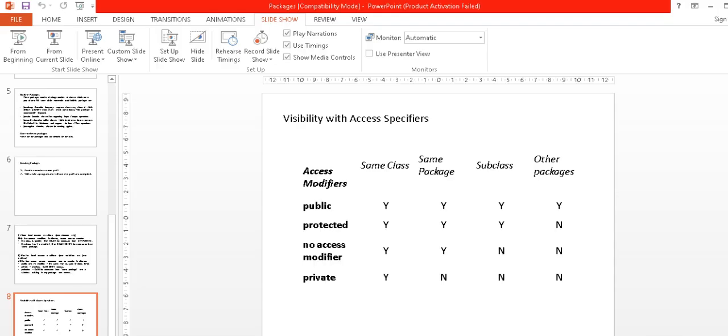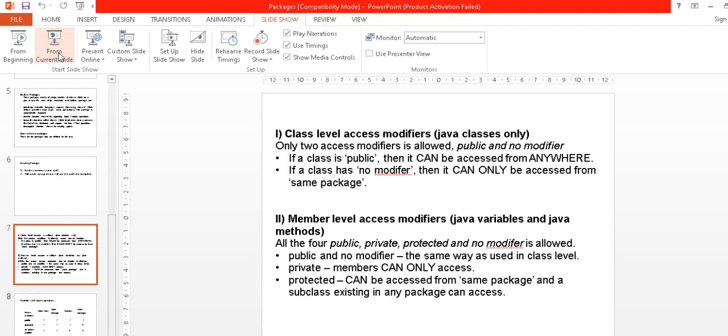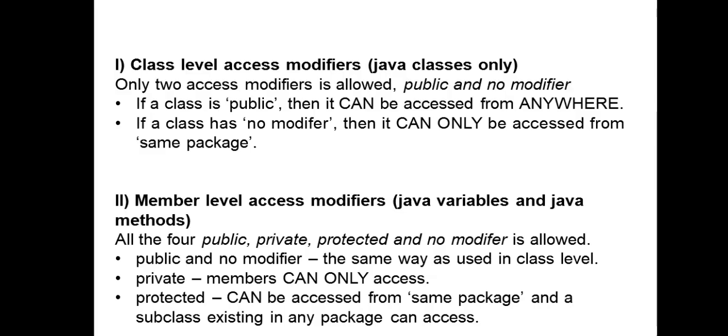So why is it, because of the concept of access modifier. If we remember in the first lecture, where we were discussing object oriented concepts, there we had seen the concept of encapsulation and data hiding.